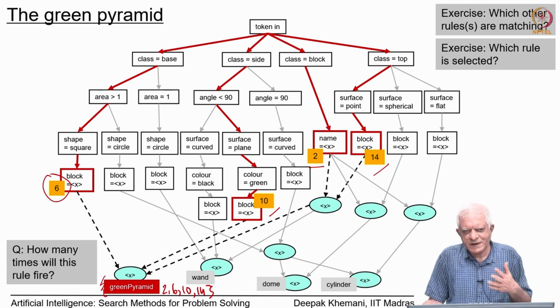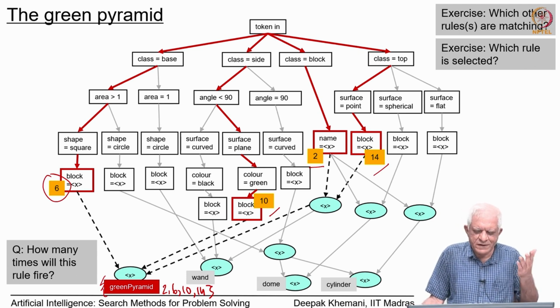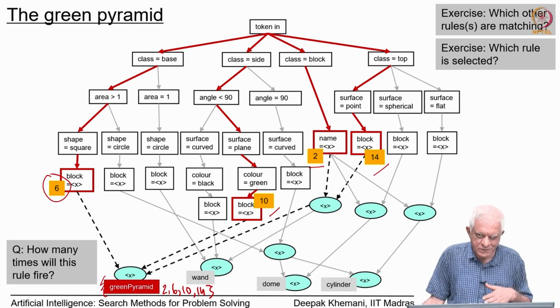Now, remember that there might be more than one green pyramid in the system. Some block number 15 may be a green pyramid, in which case another instance of the green pyramid rule would come into play here. So, what you are looking at here is a rule with the matching data.